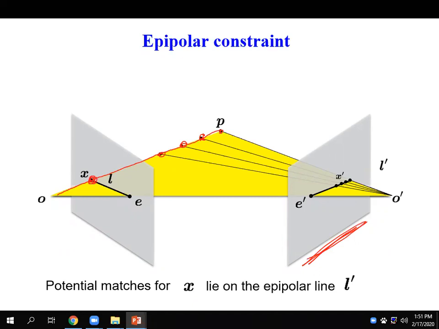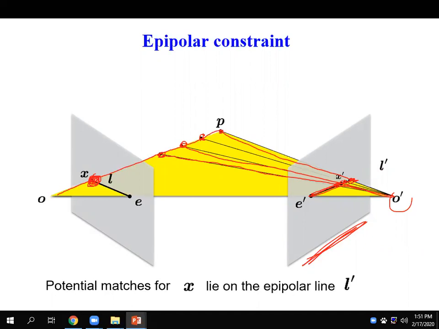If we were to project this to the image plane according to this line to the center of projection, it will end up at this point. If I do this, it will end up at this point. If I do that, it will end up at this point. So this point maps to all of these points, which are on the epipolar line.